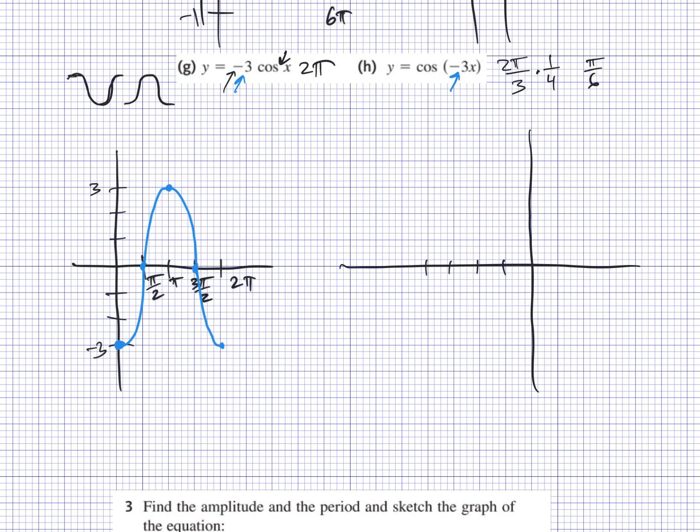So 1, 2, 3, 4, negative 2 pi over 3, negative pi over 6, negative 2 pi over 6, negative 3 pi over 6, and our amplitude is still 1 here. So we start here, and it goes through pi over 6, pi over 3, pi over 2, and 2 pi. So that's your cosine graph with a negative horizontal reflection.